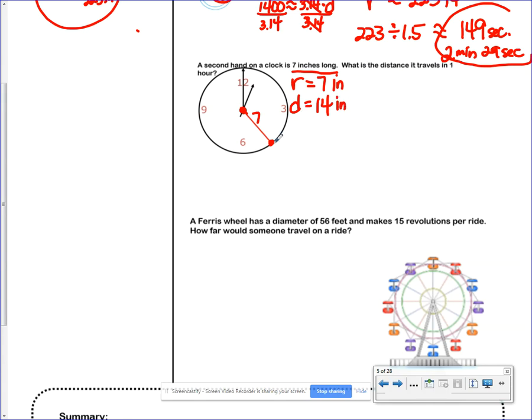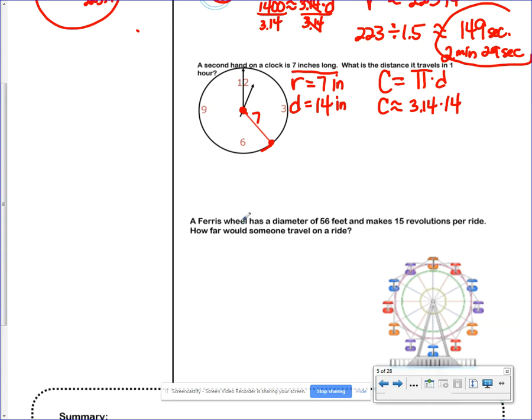What is the distance that this second hand travels in an hour? Okay. So first, we're going to find how far it travels in one revolution, or one circumference. So let's first find circumference, which is pi times diameter. Should we use 22 sevenths, since this is a multiple of 7? Let's leave it as 3.14 for this one.